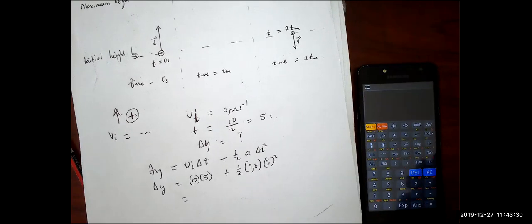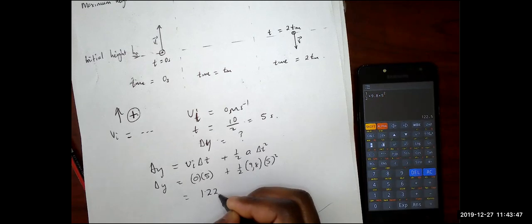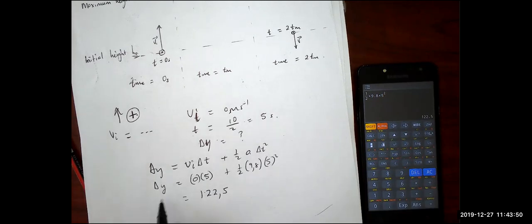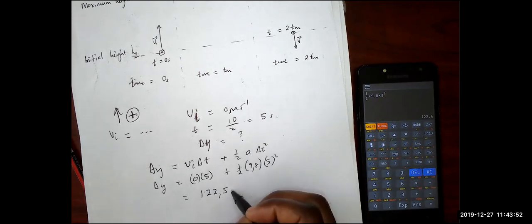So we have 1/2 times 9.8 times 5 squared. What do we get there? We get 122.5. 122.5 what? 122.5 meters.